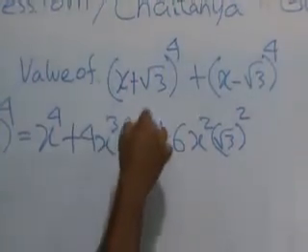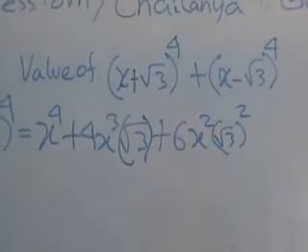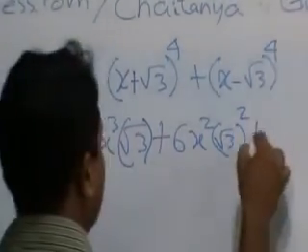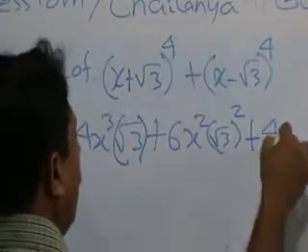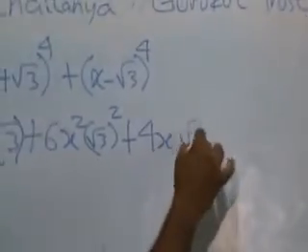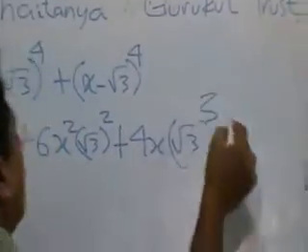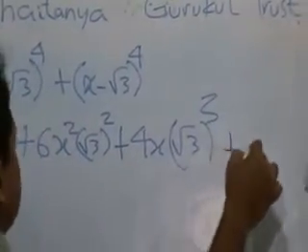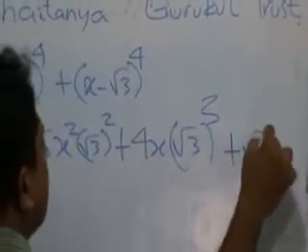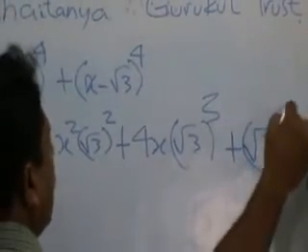So this is root 3 to the power 1, this is root 3 to the power 2. Next 4 x root 3 to the power 3. Then plus the last term, root 3 to the power 4.